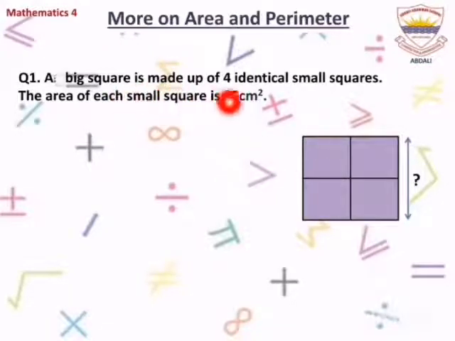Here, the big square is divided into 4 small identical squares.